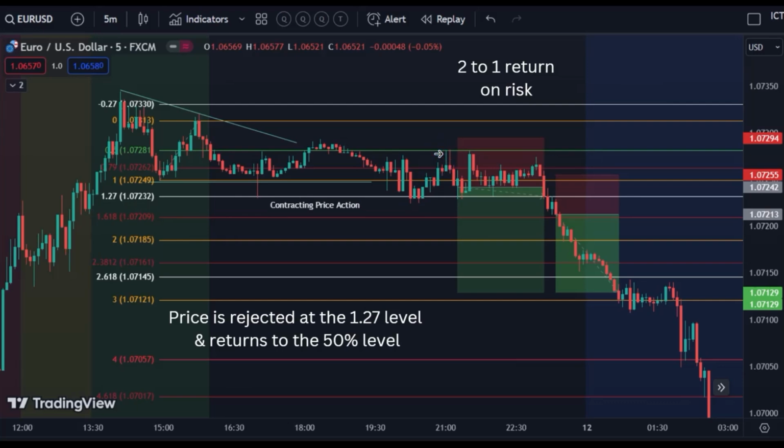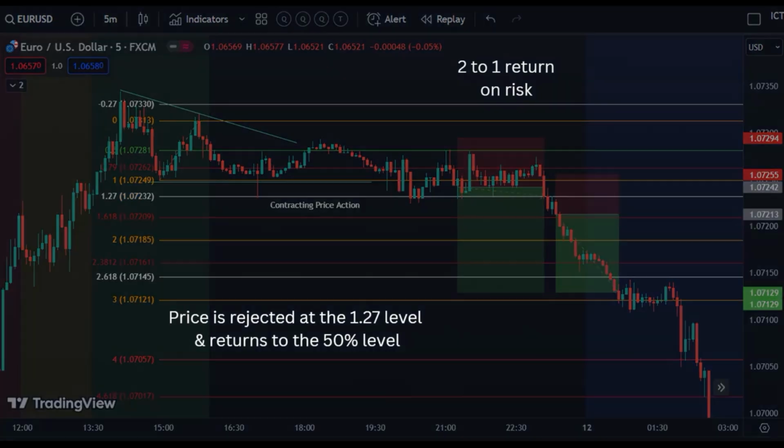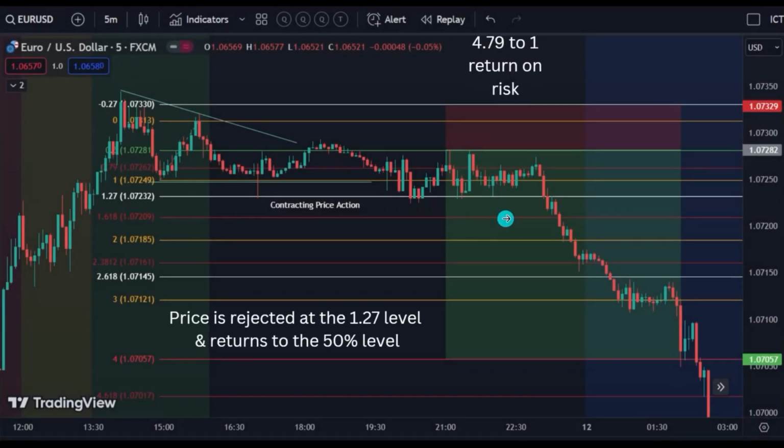So as we see in our next example, if you would have entered here, then you would be assured that your trade is correct, especially when price tries to return back but closes below. Then price moves down, goes all the way to the 400 level.